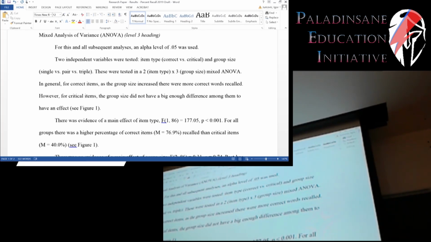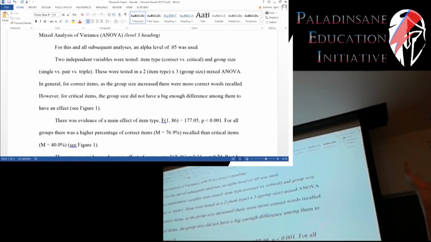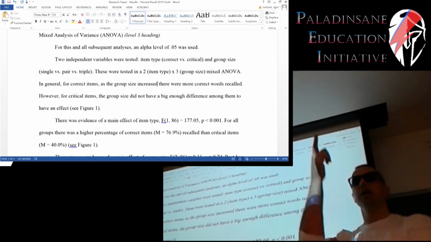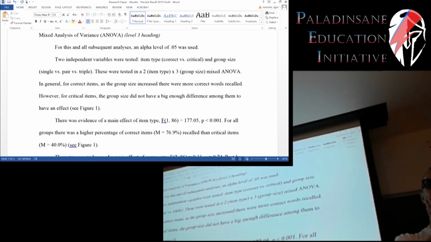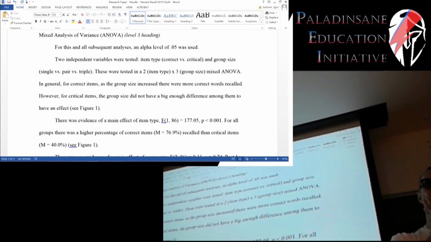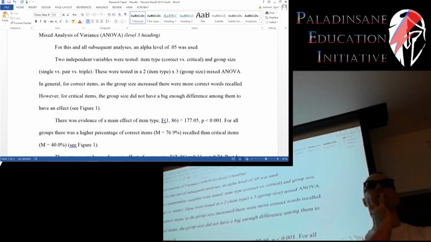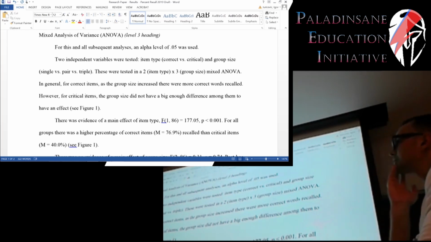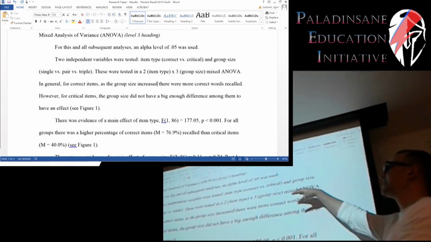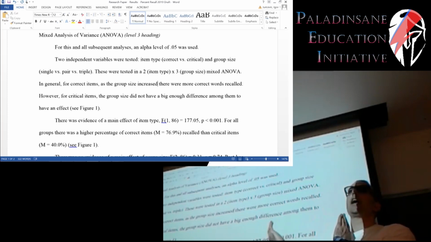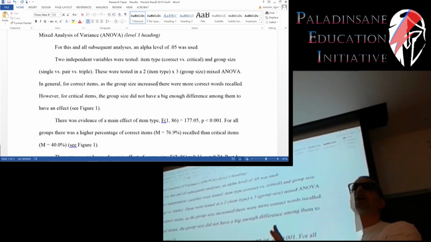This one is pretty close. Any suggestions on maybe what should change? Yep. I don't know if this would be considered a positive correlation between group size and the amount of correct words recalled. Okay, so that's true, but at this stage we want to, as much as we can, not put statistical jargon in there.